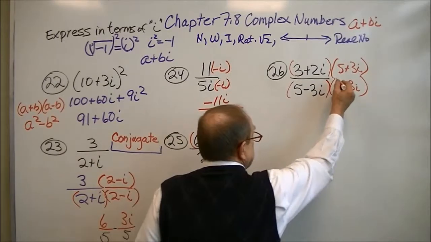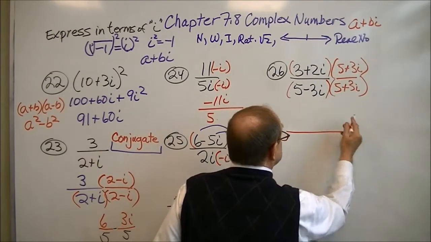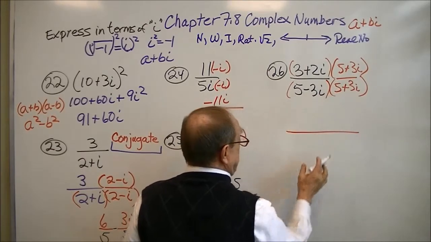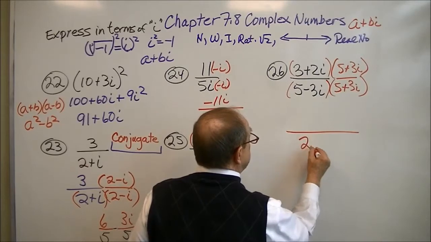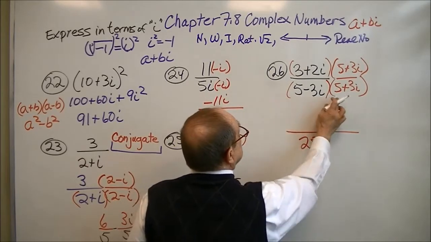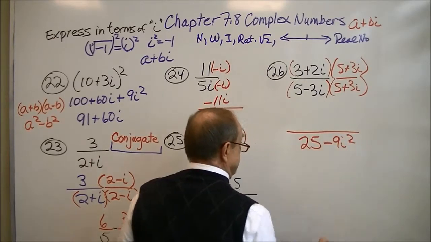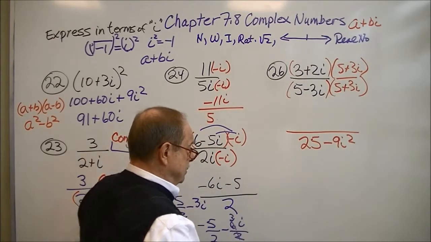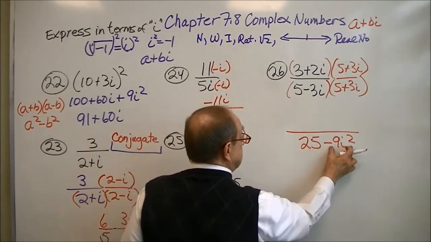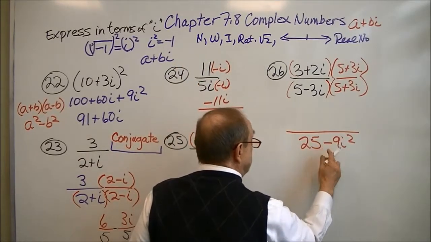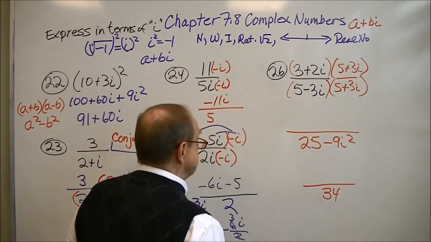So again, this is a 1, but it's nice that we're going to get rid of our imaginary numbers in our denominator. So this becomes 25, and this becomes a negative 9i squared. What we said i squared was a negative 1, so this becomes a positive 9, so our denominator is 34.